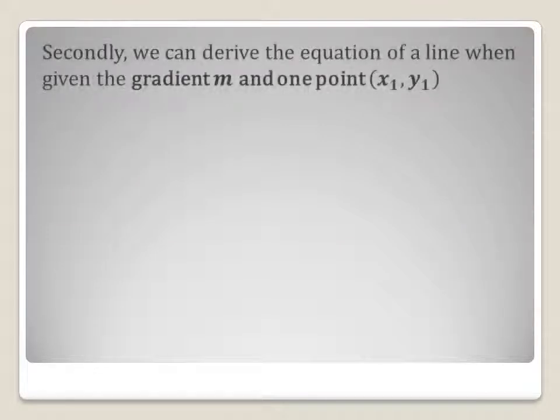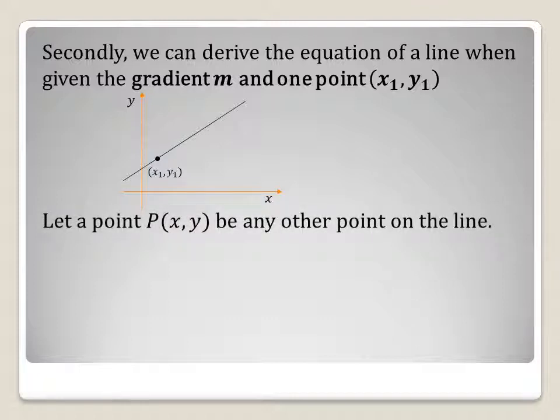Next, we can derive the equation of a line when given the gradient m and one point (x1, y1). If we draw a straight line, where (x1, y1) is a point on the line, let a point P (x, y) be any other point on the line. Then the gradient m will be (y minus y1) divided by (x minus x1).